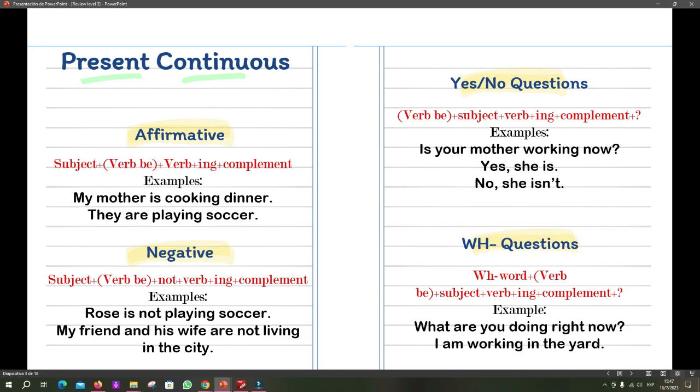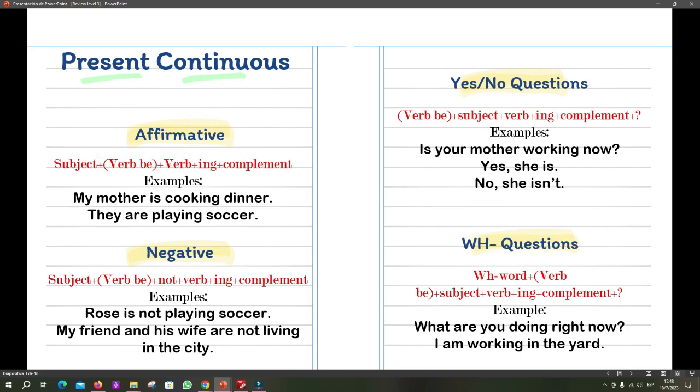So you can say, I am working in the yard, I am listening to the class, I am paying attention, I am thinking, I am eating. There are many things that you can answer here, right? So what are you doing right now? That's a WH question, right? So you must answer that completely, right?